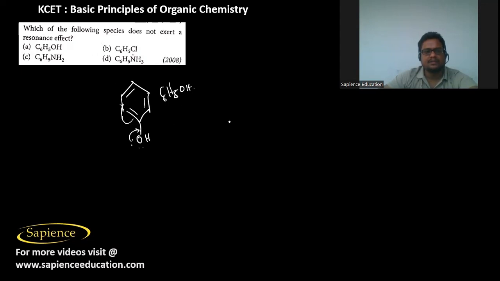And then C6H5Cl is called phenyl chloride or chlorobenzene.